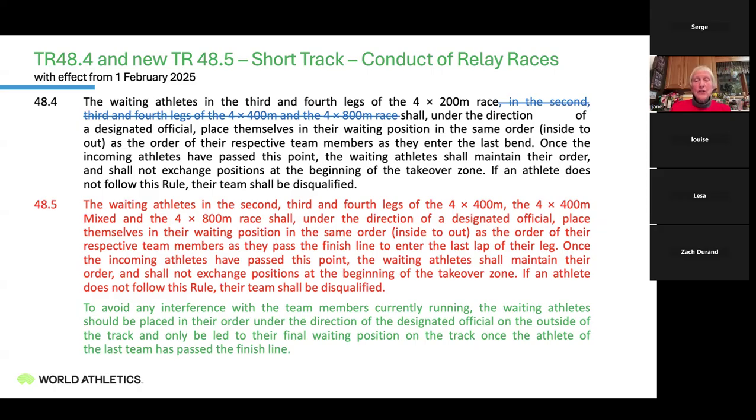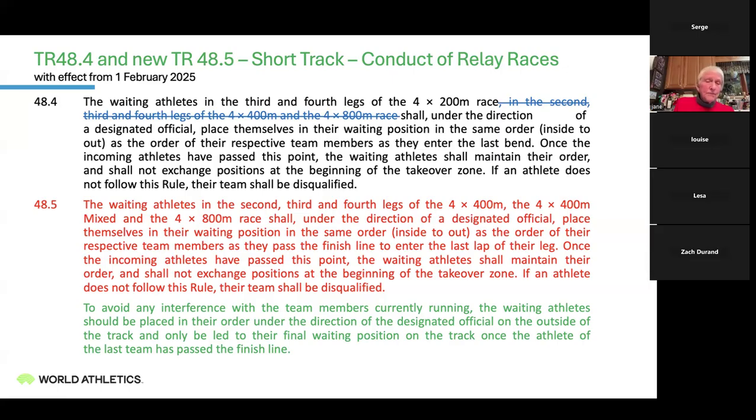So now instead of waiting at the opposite corner, the beginning of the last bend, it's at the finish line that you're going to line the athletes up outside the track and then move them over as need be.